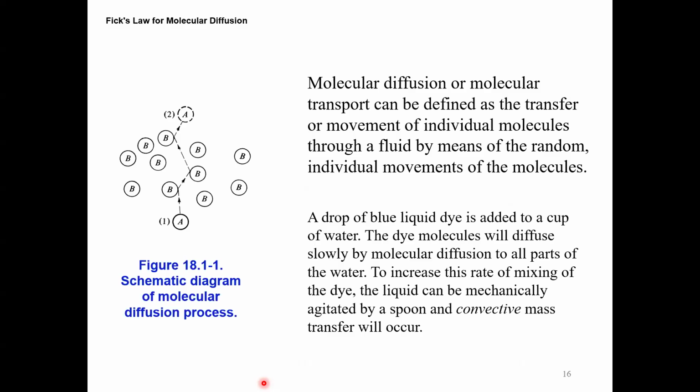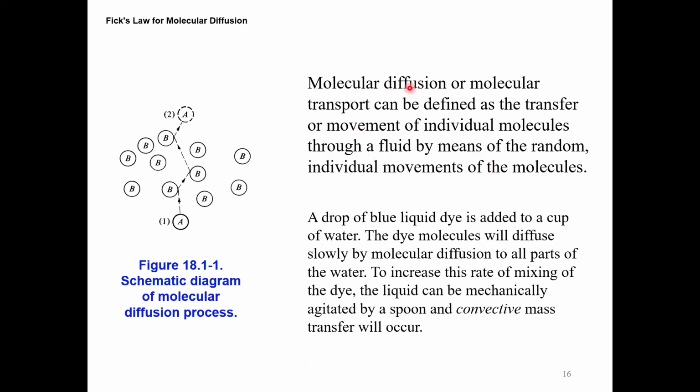So, Fick's law for molecular diffusion states that molecular transport can be defined as the transfer or movement of individual molecules through a fluid by means of random individual movement of molecules.